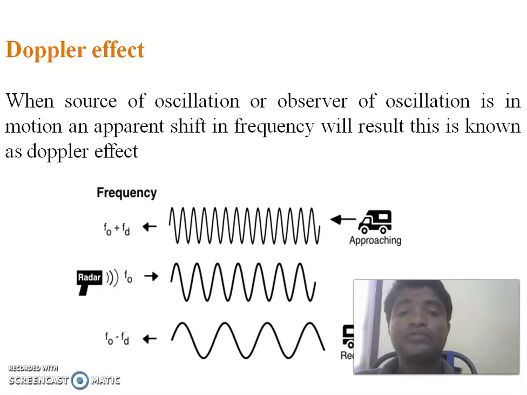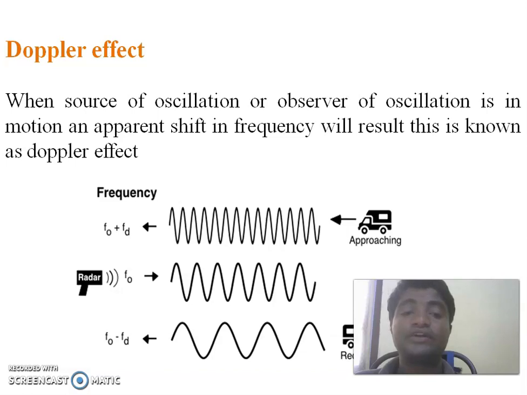Already we know from the radar equation, the total distance traveled by the electromagnetic signal is 2r. Therefore, the total number of wavelengths present in that distance is 2r by lambda.